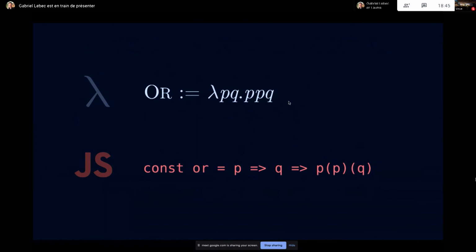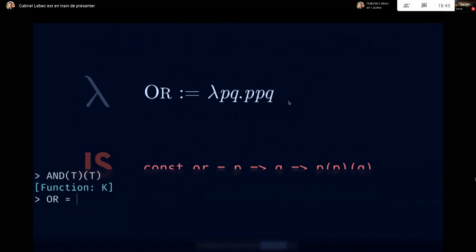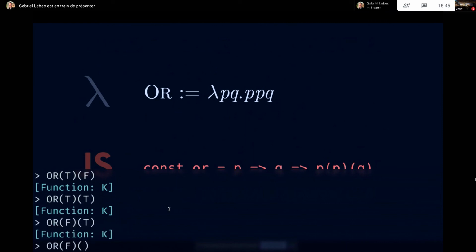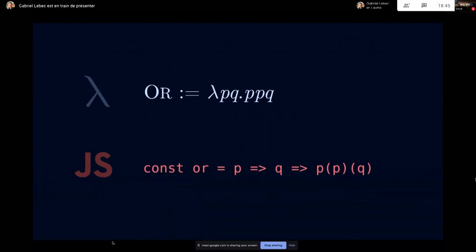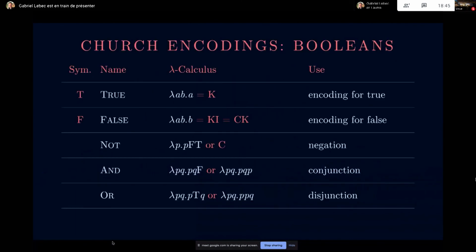And so you get this PPQ thing, and it looks like or takes a P and a Q, and it returns P of P and Q. And if you or true and false, of course, we know that with or logic, you get true back, which is the K. You or T and P, you still get true. False and true, you still get true. And it's only when you do false and false that finally you get false back. It works, once again, with no built-ins, no JavaScript Boolean operators.